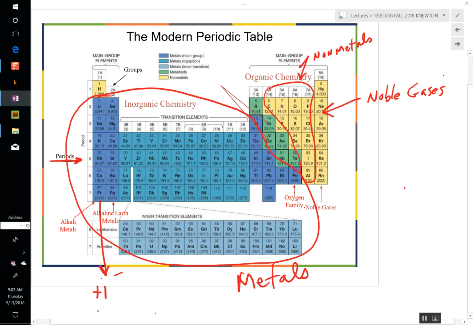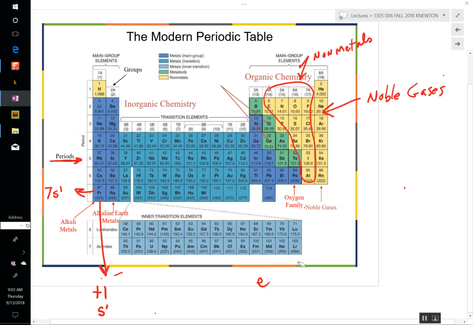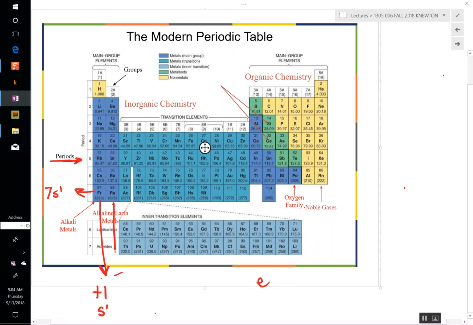They have an s1 ending on their electronic configurations. And francium is in the 7th period, so it's 7s1. And the group 2, which is the alkaline earth elements, form +2 ions. They have an s2 ending.